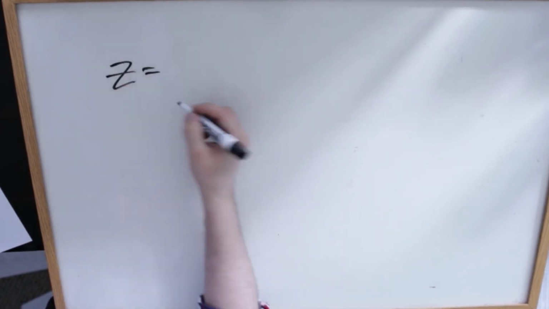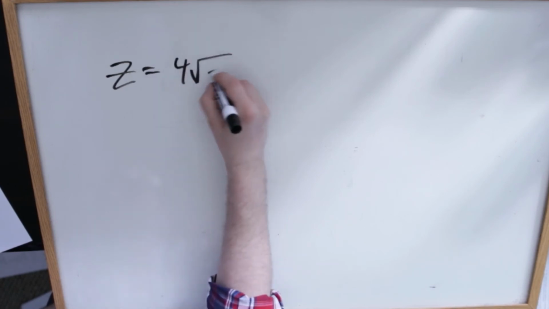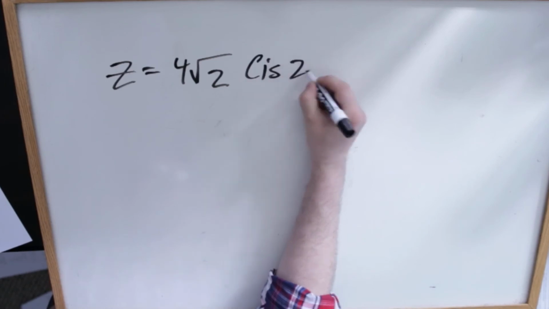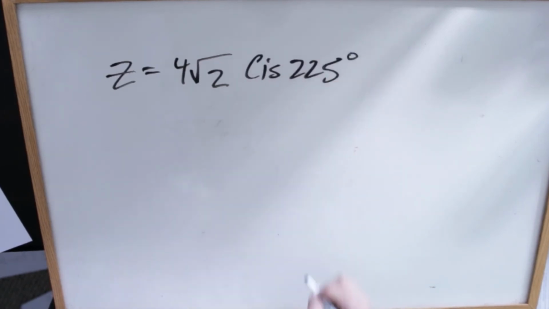All right, so we've got all those pieces, and now we look at z. This is going to equal 4 times the root 2, this is our r, times cis 225 degrees. So that was our solution to that particular problem.